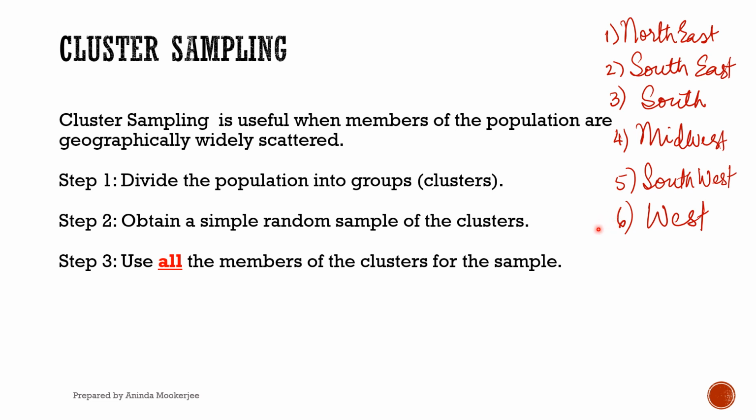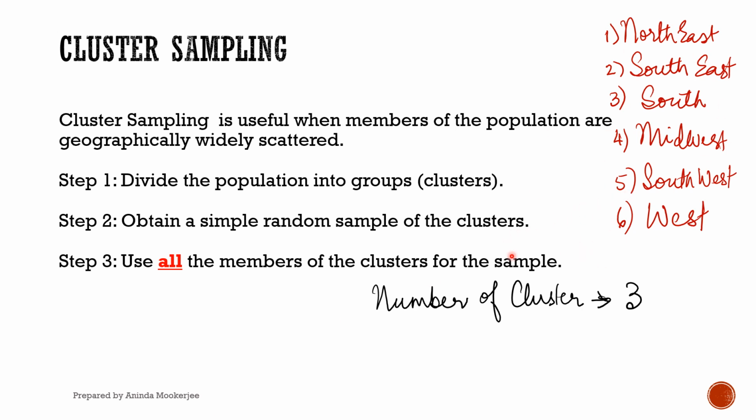You have to decide on the number of clusters you want to include in your study. So let's say I want to pick 3 clusters from here. I want to randomly pick 3 clusters out of the 6.